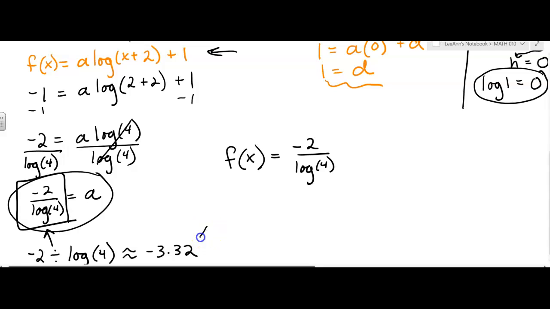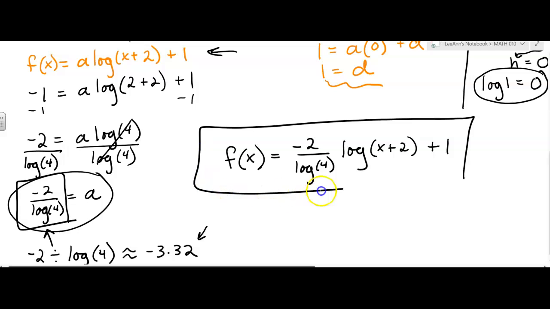We don't put in the negative 3.32 because that's rounded off. So this is an exact value when we write it that way. Then it's going to be log, it's a common log, x plus 2, plus 1. So that's going to be our equation, or one possible equation.